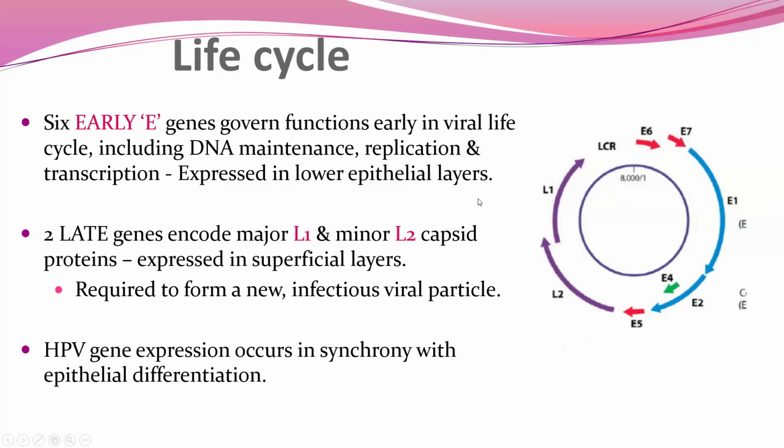Two late genes, denoted by L1 and L2, are the major L1 and minor L2 capsid proteins expressed in the superficial layers, required to form new infectious viral particles. HPV gene expression occurs in synchrony with epithelial differentiation, so it goes on simultaneously.